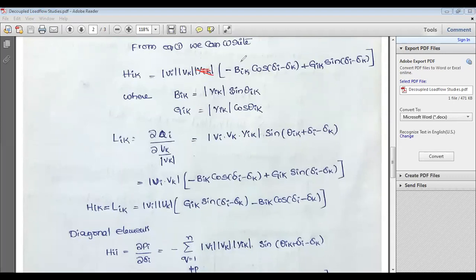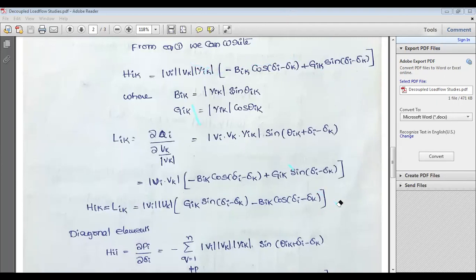So here you can write this yik. Obviously both are same, this one and this one. So these are off diagonal elements. Now what about the diagonal elements?